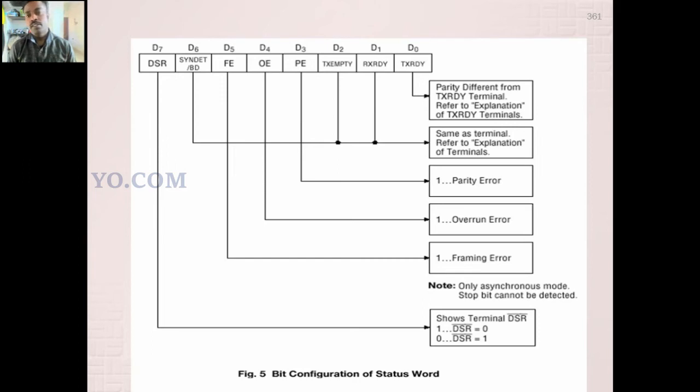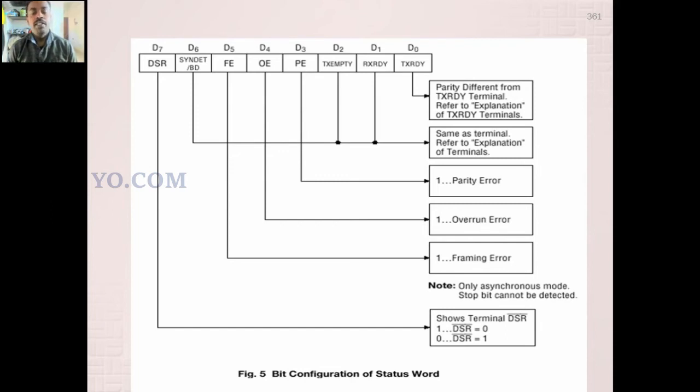If it is 1, the device is ready to transmit. Then RxRDY, same as the terminal; refer to the explanation of the terminals. Then transmitter empty, synchronous detect, and break detect. We have already studied these signals in previous slides.